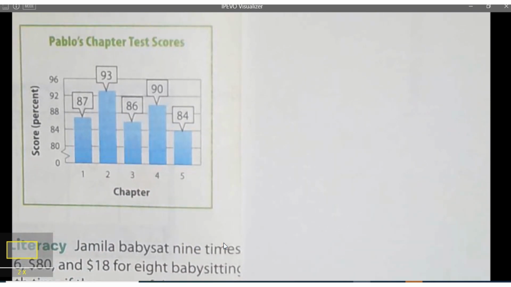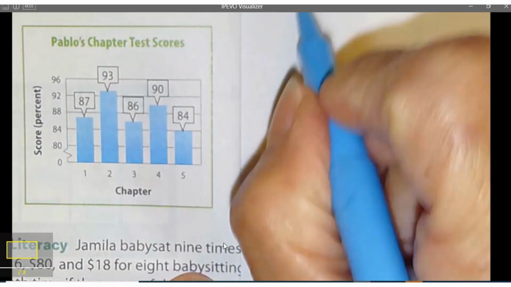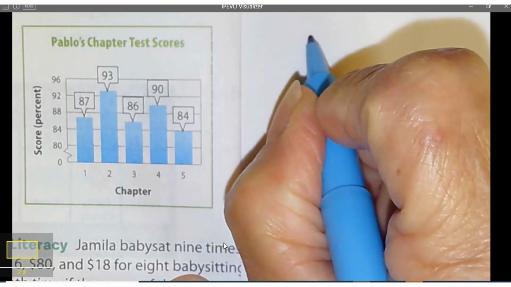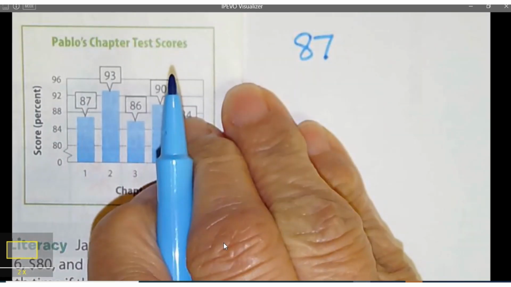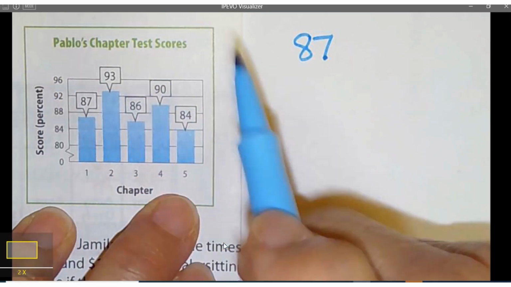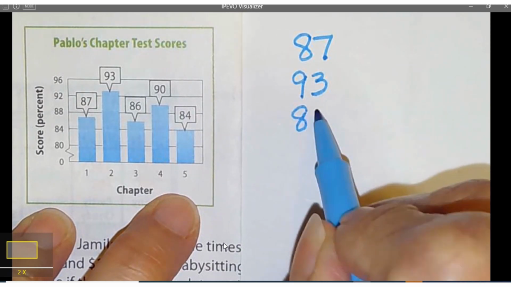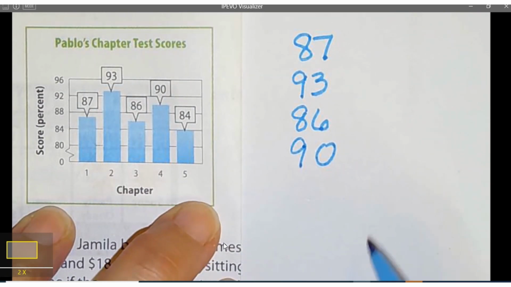So I'm going to add my data right here. We have 87, 93, 86, 90, and 84.